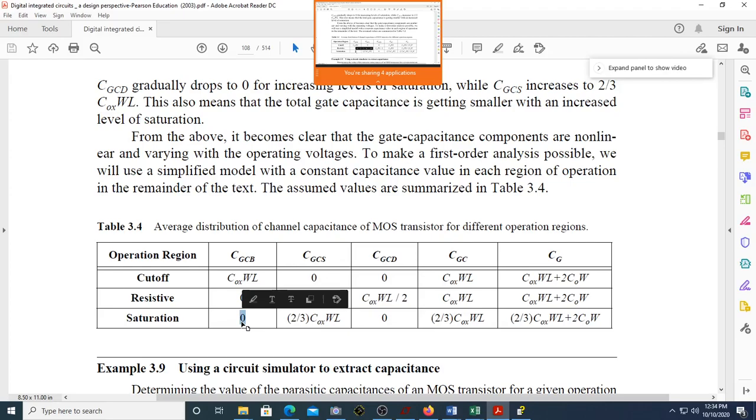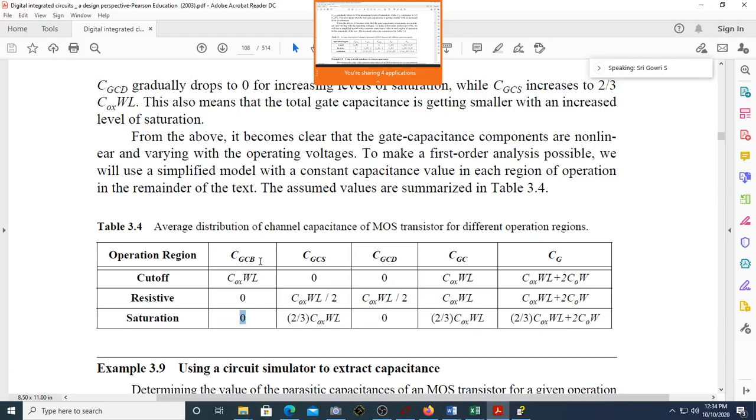The bulk is not connected to your gate structure. Before the channel gets formed, you're going to have a depletion region. So only when the depletion region is overcome, you'll have the channel. That's why we'll not have the capacitance towards the bulk.